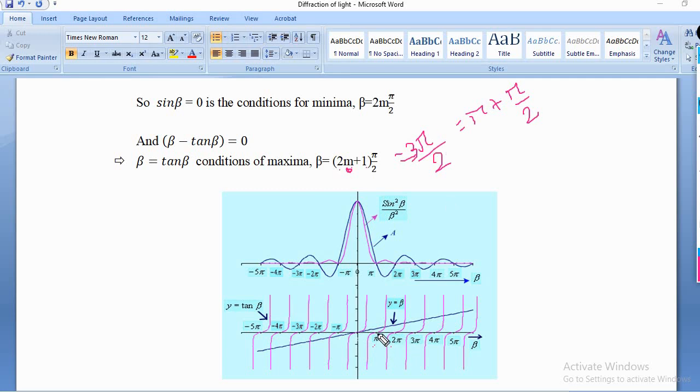Just take a different color, blue color I am taking. So, somewhere here, pi plus pi by 2 gives our first secondary maximum. You can also check it for the second one, consider m is equal to 2, m is equal to 3, and you have some of the maxima.